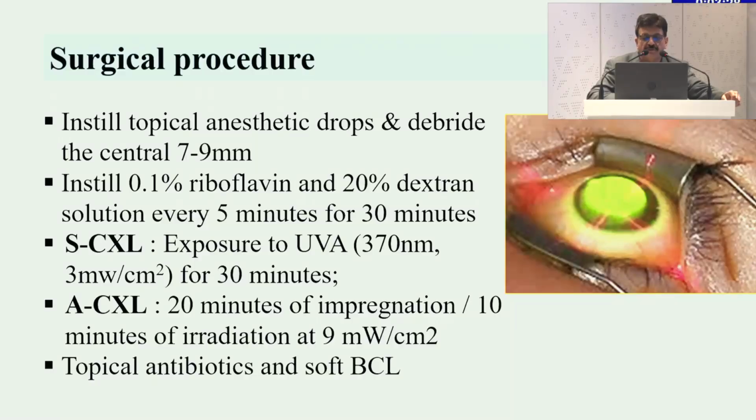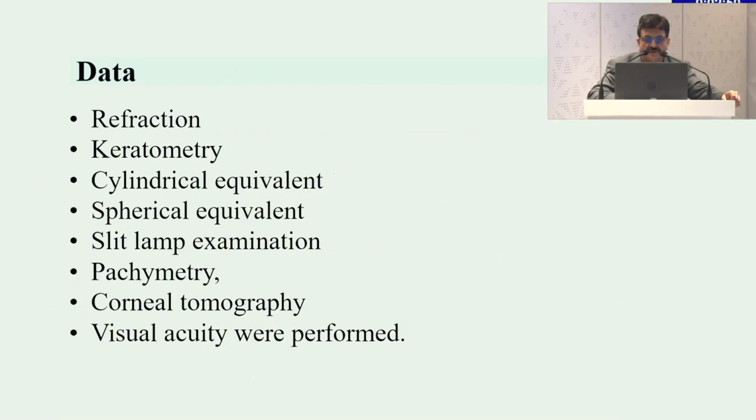Then we instilled riboflavin, 20% dextrose solution, every 5 minutes for 30 minutes in standard, whereas in the accelerated we used it only for 20 minutes, and then used 9 milliwatt per centimeter square UV light exposure, 370 nanometer, for 10 minutes only. At the end of the surgery, we washed out the riboflavin and applied a bandage contact lens in all the patients. All the patients were given post-operatively topical steroids, some lubricants, and topical antibiotics also.